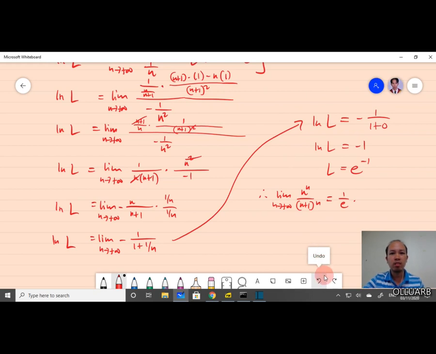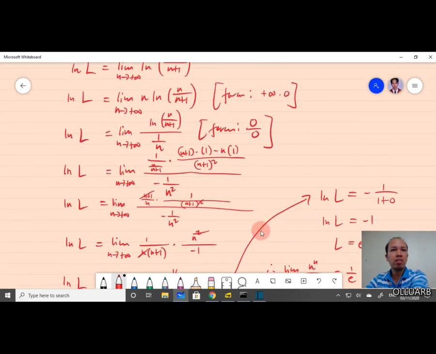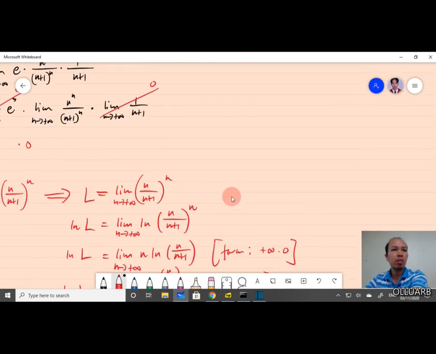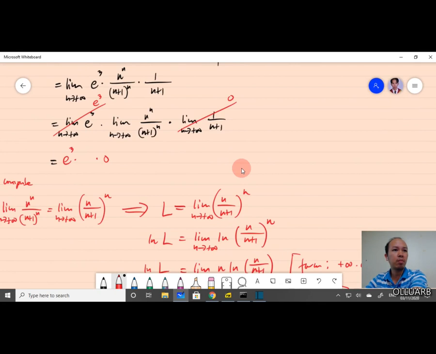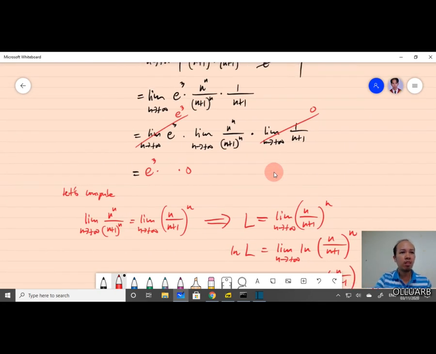Okay, so again, let's wait for the program to respond. Okay, let's move upward. Let's go back to the problem. So the answer here is 1 over e. So this is finally 0, which is less than 1.